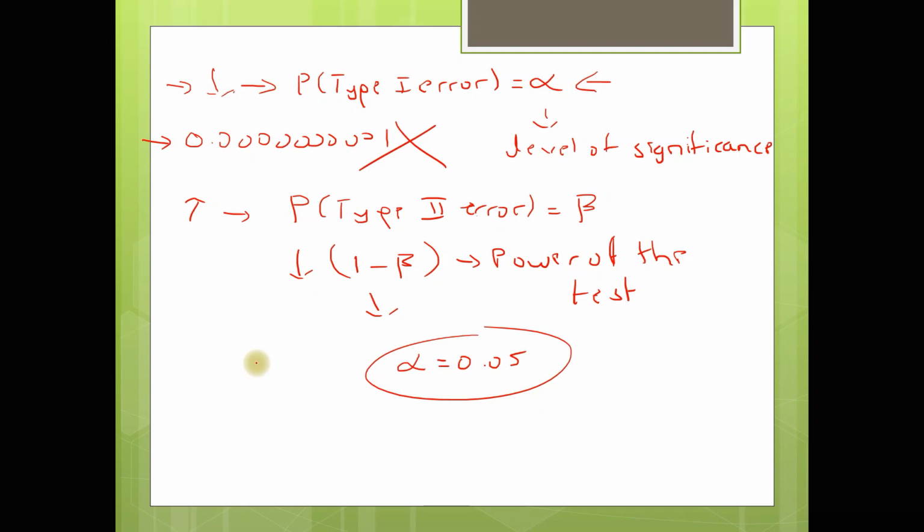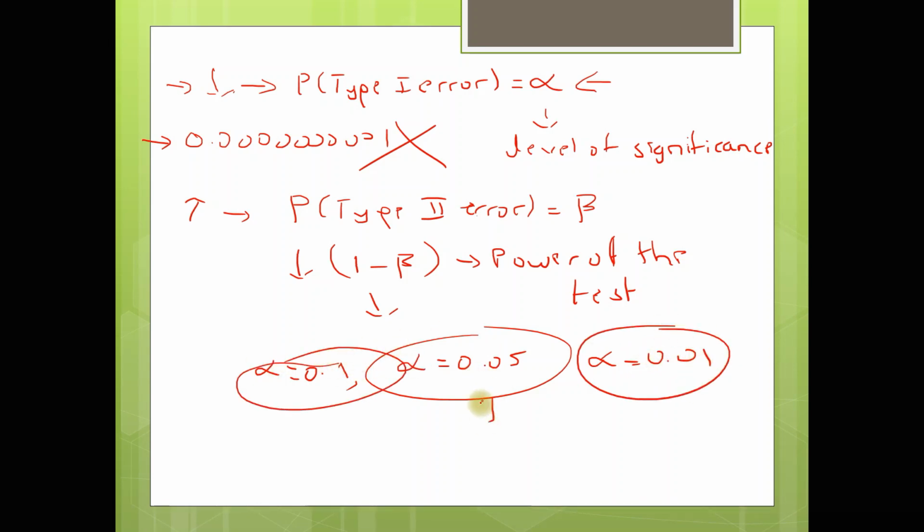There are also other values that are used, like 0.1 and 0.01. These are possible values that are used, but most of the time it's the level of significance of 0.05 that is used in carrying out a question on hypothesis testing.